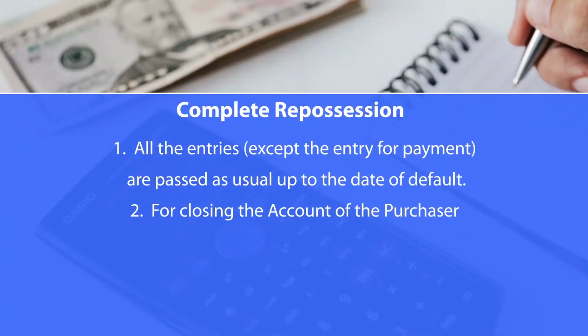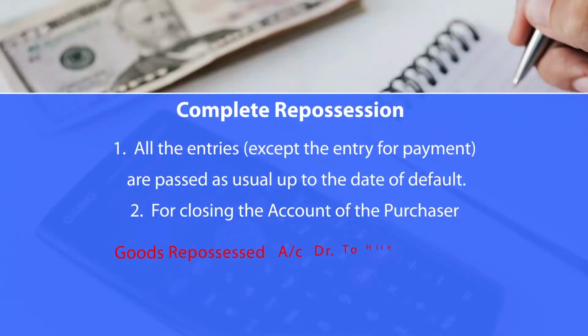Now, on account of the hire purchaser not fulfilling the promise, and the hire vendor having decided to take the entire goods back, the hire vendor would like to close the accounts of the hire purchaser.